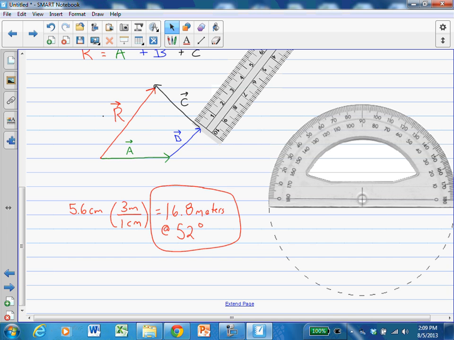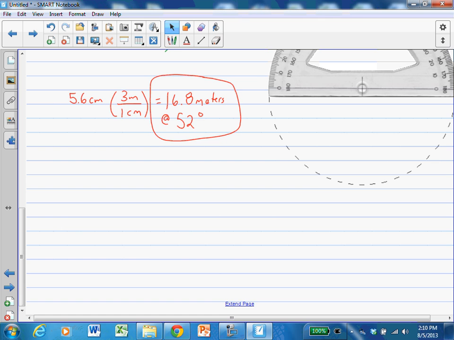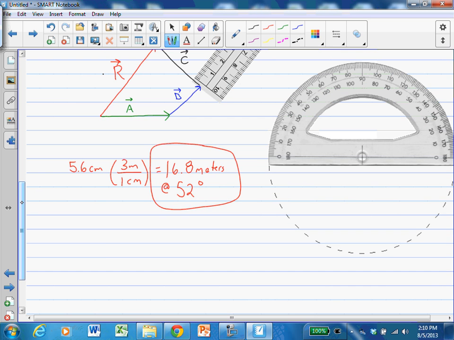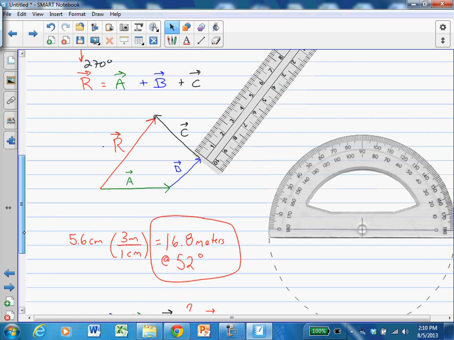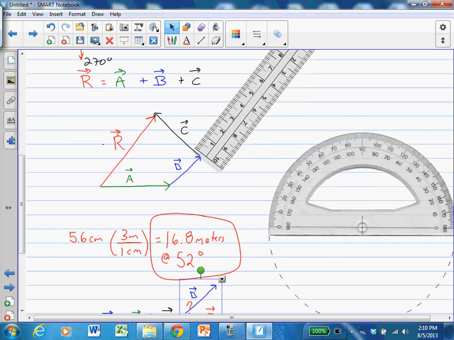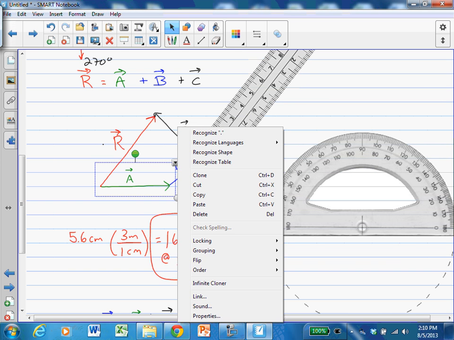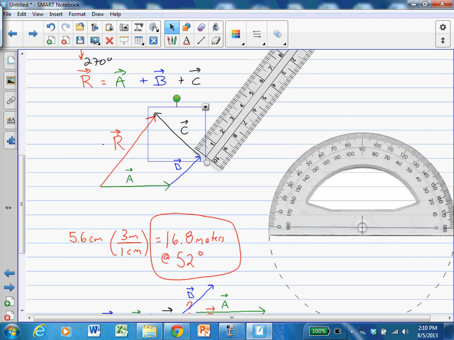Just for a point, if I took A, B, and C and rearranged them, so say I did B plus A plus C, does that still equal R? Should, right? If you're summing 3 vectors, the order shouldn't matter. So we started with B, so that's now going to start at our origin. We'll need A. Give it a try.